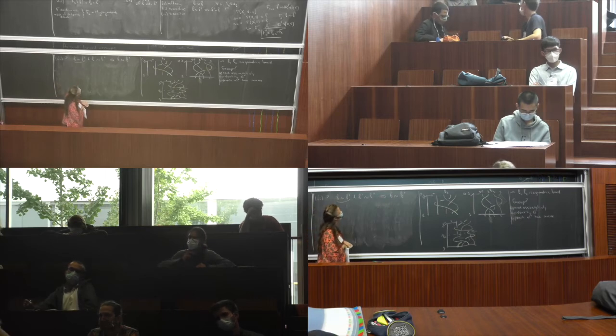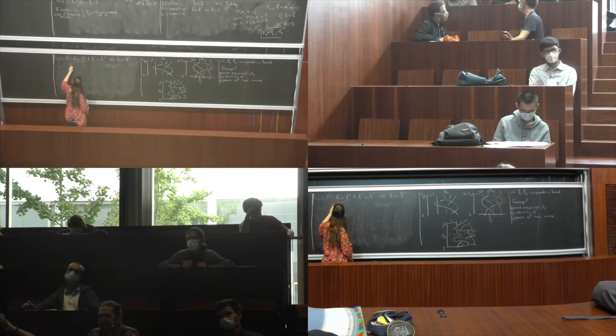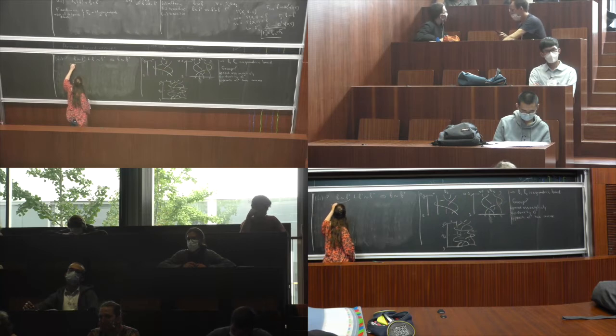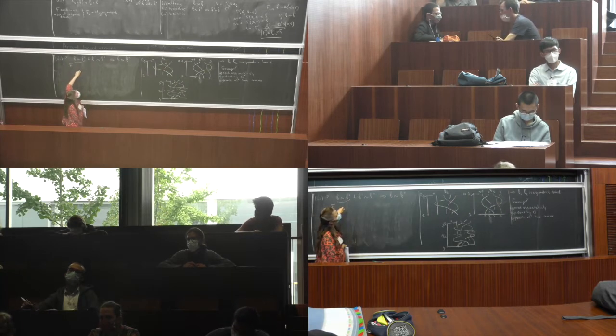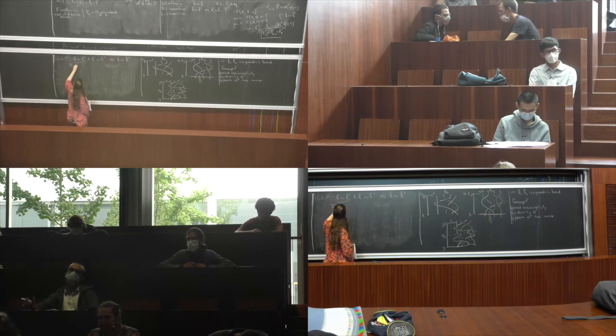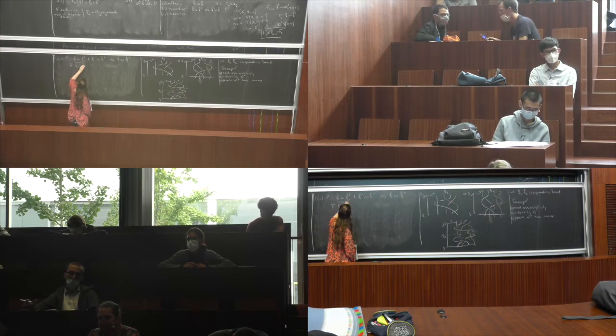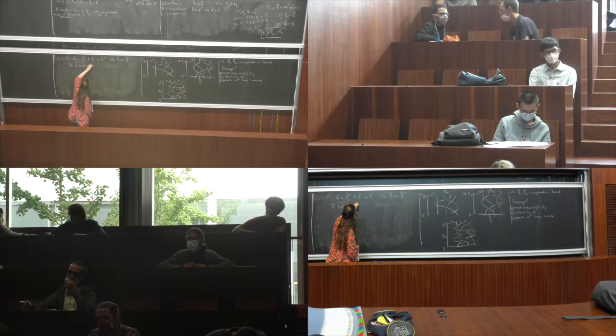So I have an isotopy F from B times [0, 1] to R2 times [0, 1].